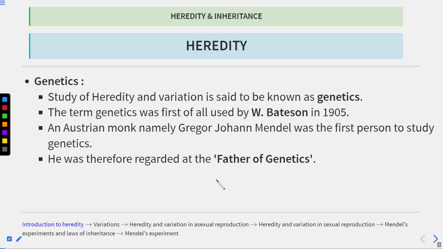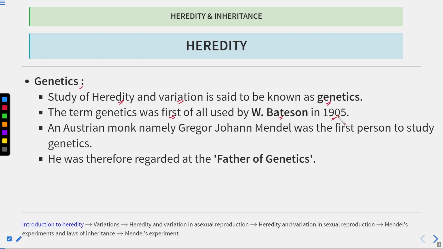Now, let's study about genetics. So what is genetics? The study of heredity as well as variation is known as genetics. Clear? Now the term genetics was first used by W. Bateson in 1905.